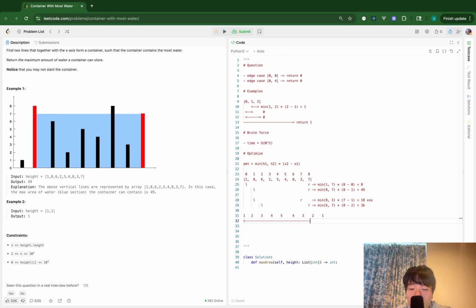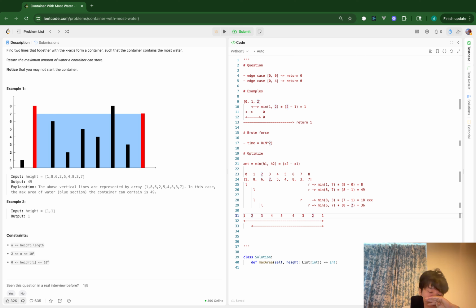And I start from here, and I will try to see how I can increase the amount of water by moving the left pointer or right pointer to the center. Firstly, this begins from here, and then it moves to the higher bar.